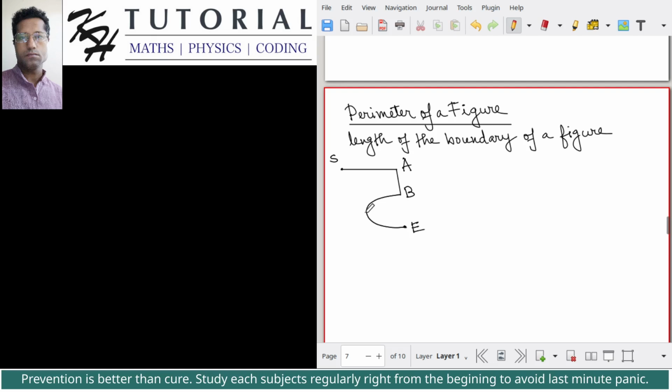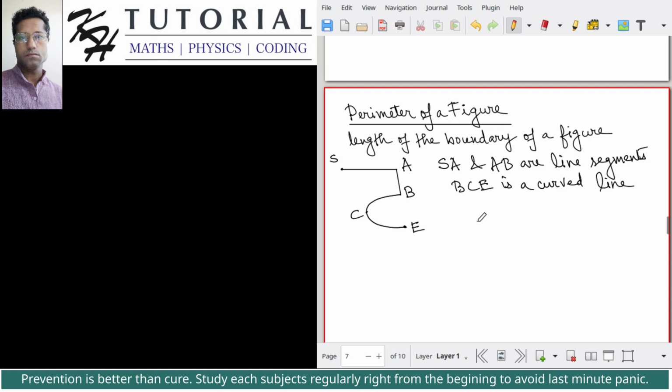Let's take another point on this curved line, not O but C. So in this figure, SA is a line segment, AB is a line segment, and BCE is a curved line.